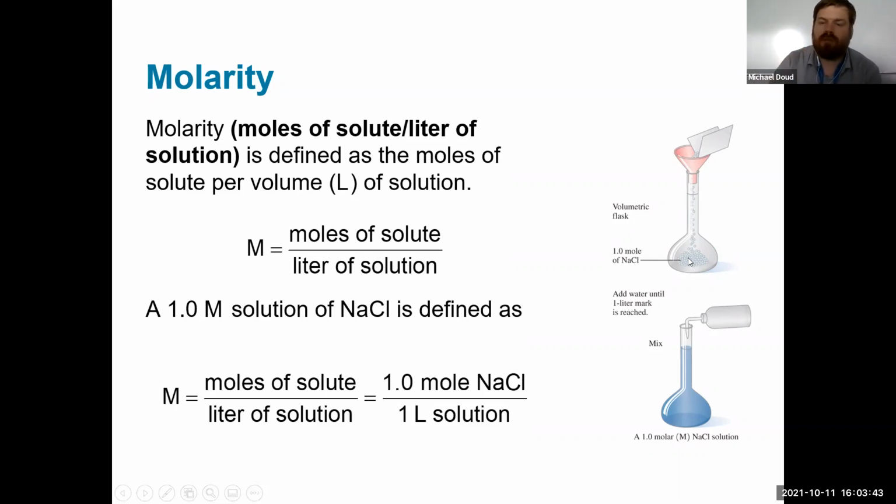So if you took a mole of sodium chloride and dissolved it in 1.00 liter of solution, you would have a 1.0 molar solution. If we have a 1.0 capital M solution, that means it's a solution that is 1.0 molarity. And the way we say it in common words is 1.0 molar. So you'll hear that a lot this semester.